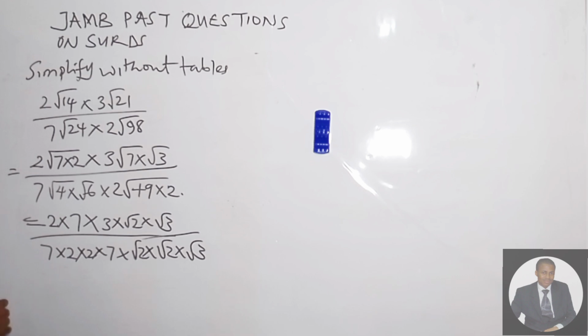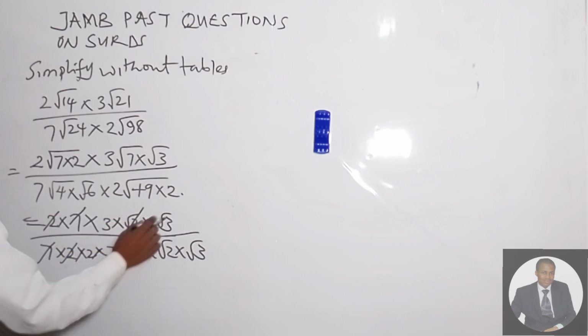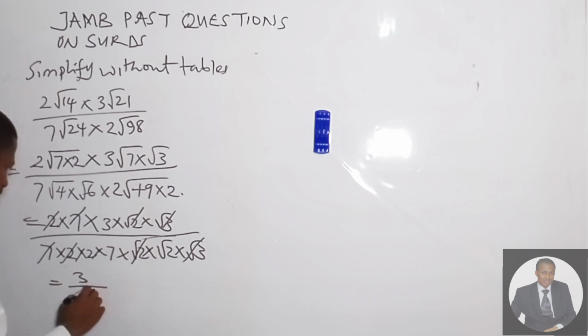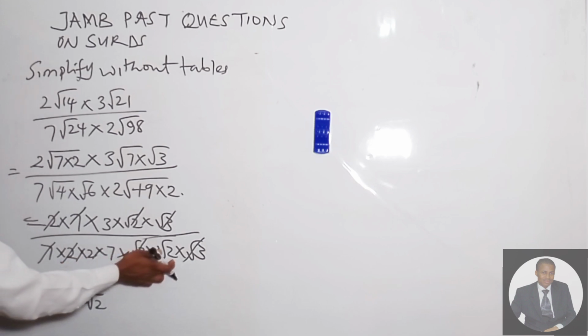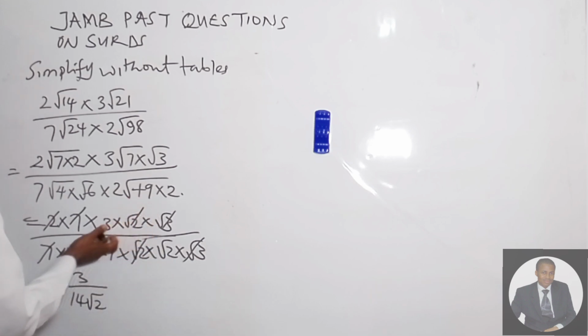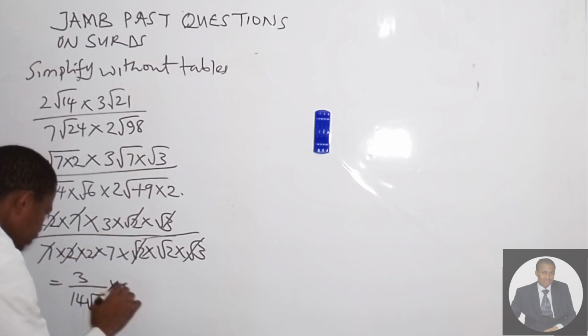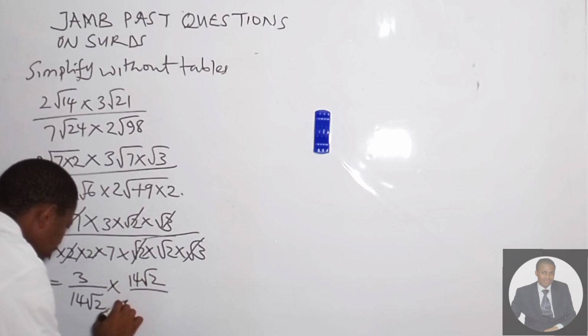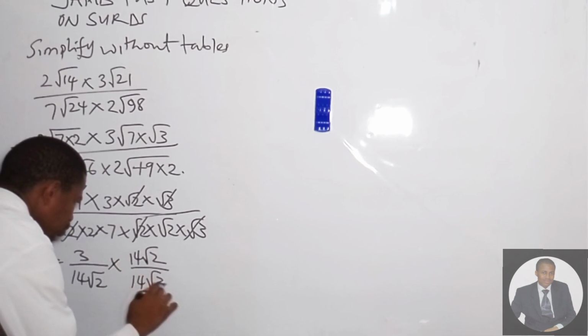Then we can simplify. 7 we cut 7 here, 2 we cut 2 here, and then root 2 we cut root 2, root 3 we cut root 3. So what we have will be 3 over 14 root 2. 2 times 7, 14 root 2. And then we have 3. Then we rationalize 14 root 2.